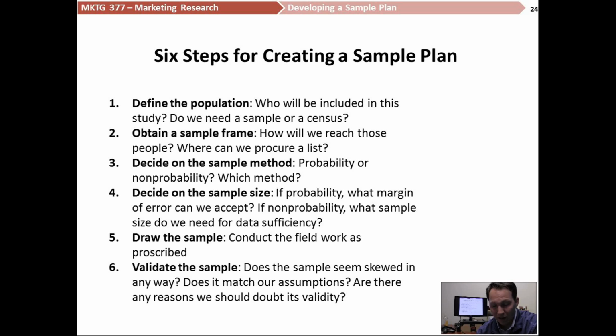Then you want to decide on your sample size. In a probability sample, you're going to think about the margin of error that you're willing to accept. In a non-probability sample, you're just going to think about what size of the sample you need for data sufficiency in order to feel really good about your results.